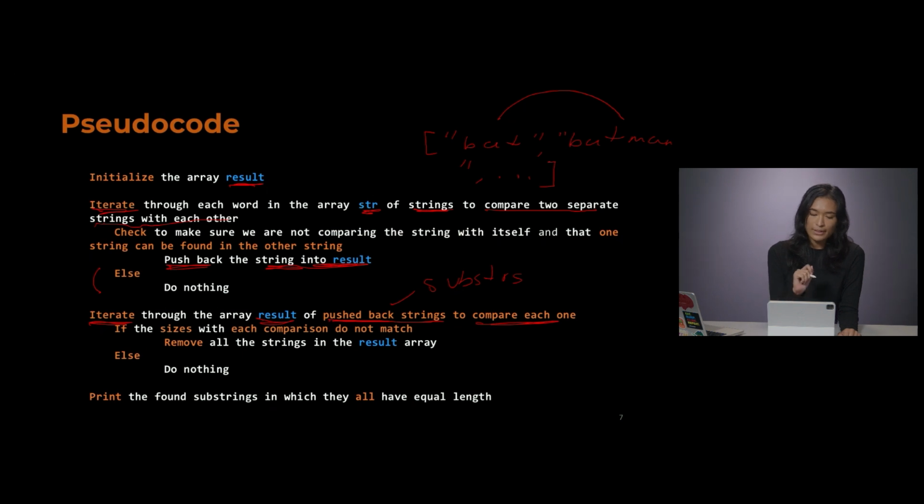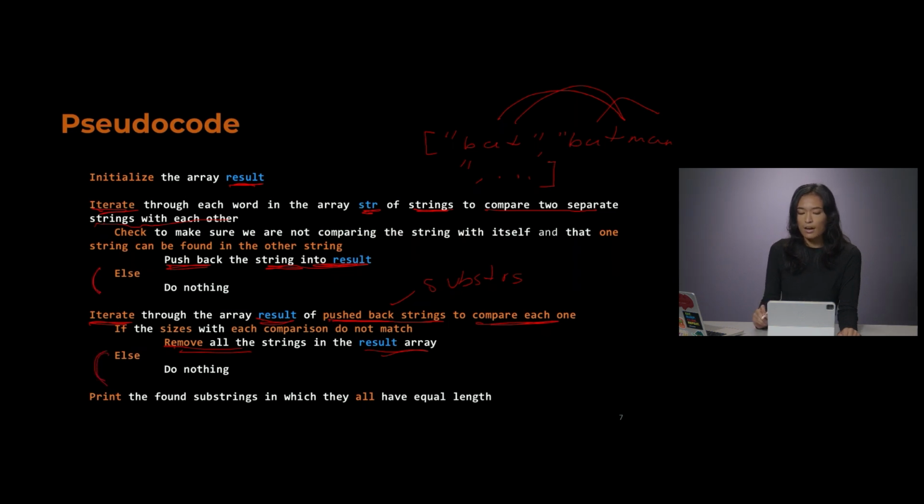So if the sizes with each comparison do not match, so we're constantly comparing in our for loop, we will remove all of the strings in that result array. We won't even continue, we'll just remove it. If that's not the case, we won't do anything, just like we had over here.